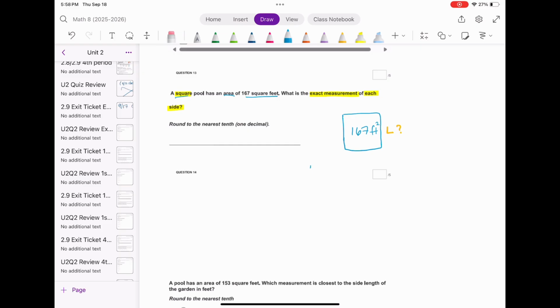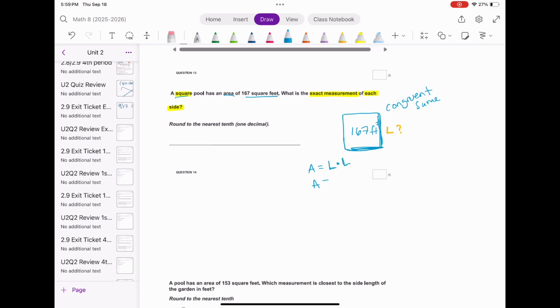And the formula for area of a square is base times height or length times width. But since all the sides are the same, we can basically say length times length, right? Or side times side. I'm going to do length times length because when I put an S, it confuses you guys. You guys think it's a 5. So length times length, we can rewrite that as length squared, right?